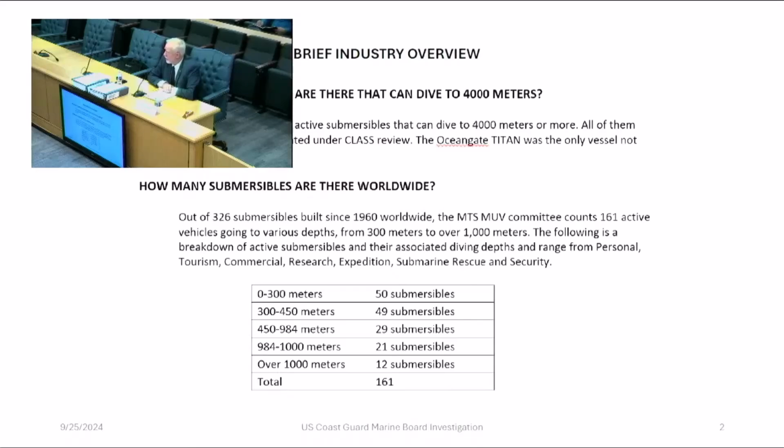Right now, there are 9 submersibles in the world that can dive to 4,000 meters. It's a limited set. All of them are classed by different classification societies. Titan was the odd man out. There are, today, probably updated, shy of 200 submersibles operating actively around the world.